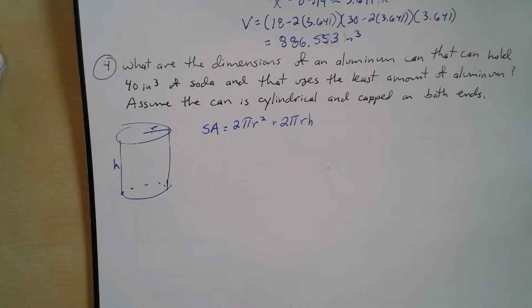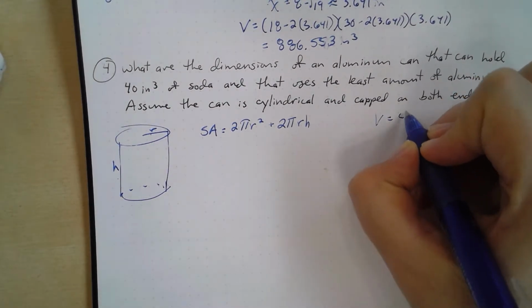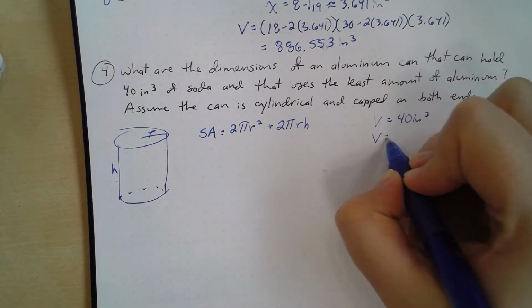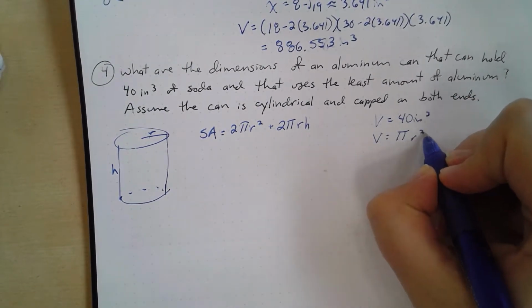So we want to be able to figure out here what's our radius. Well, the can holds 40 inches cubed of soda. So our volume is equal to 40 inches cubed. And the volume of a cylinder is equal to pi r squared h.